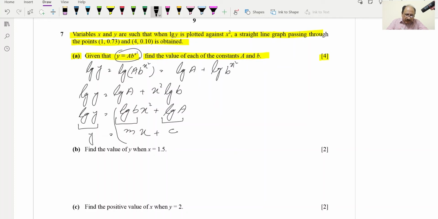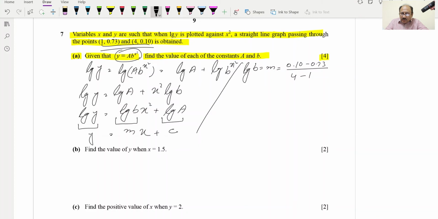So if we compare, the gradient is log b, so log b is equal to the gradient, which is m, and we can use the two given points for the gradient. This is equal to y2 minus y1, 0.10 minus 0.73, over x2, which is 4, minus x1, which is 1.